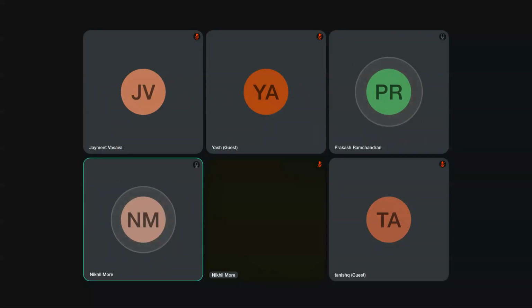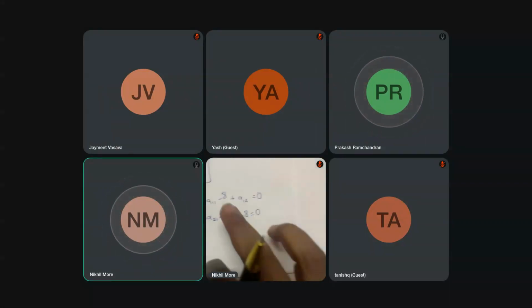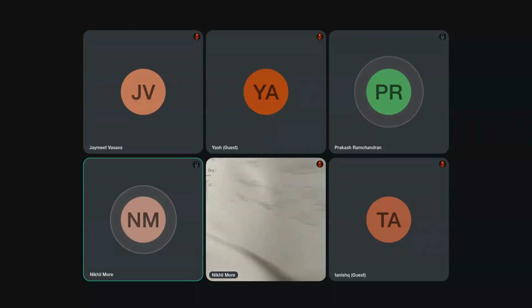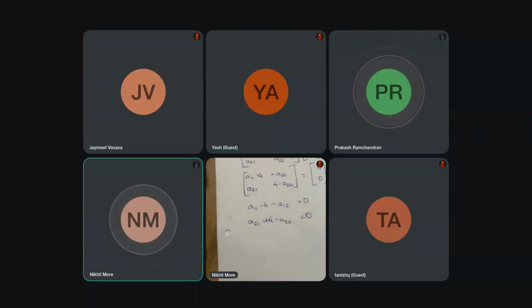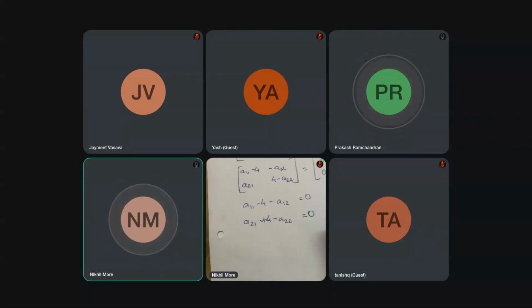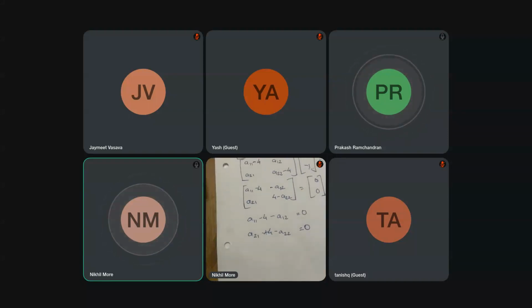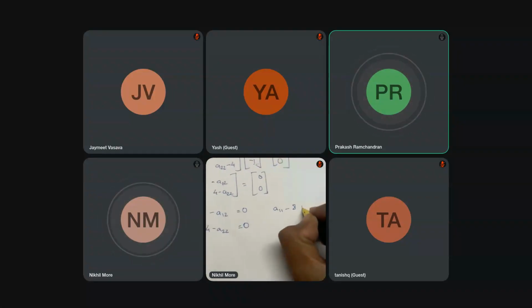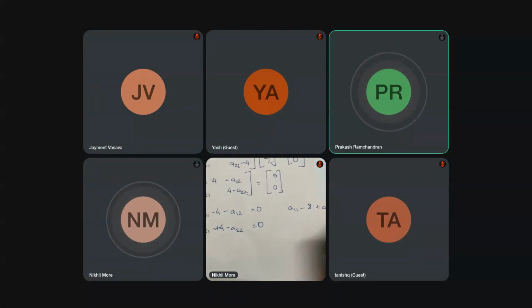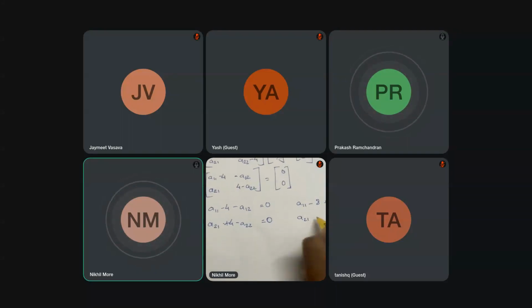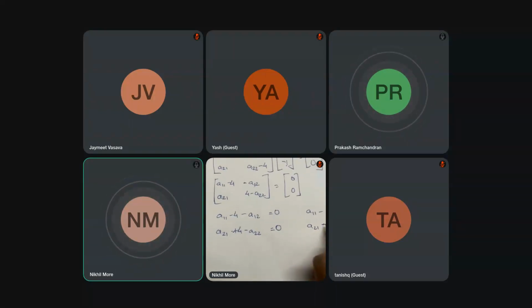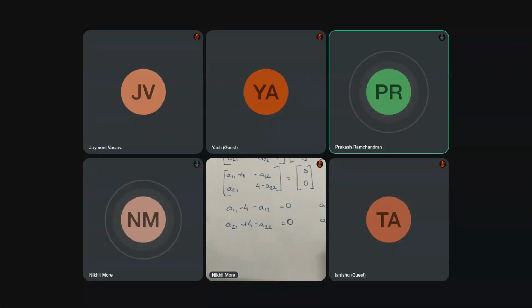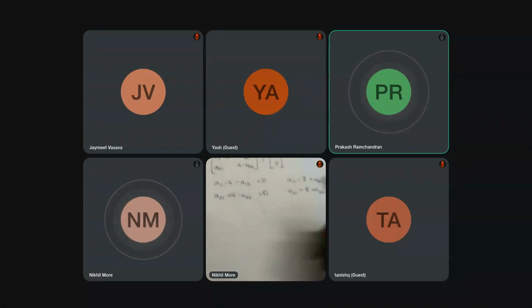And from our previous work, I'll just copy this over here: A11 plus A12 minus 8 is 0, and A21 plus A22 minus 8 is 0.